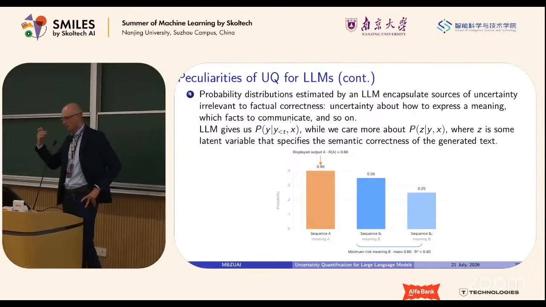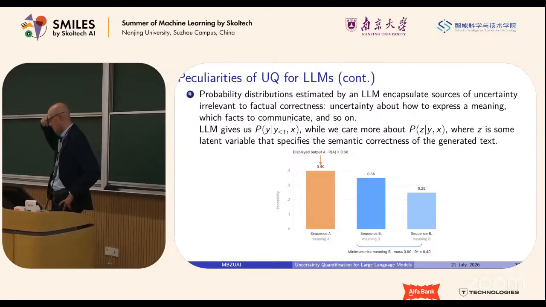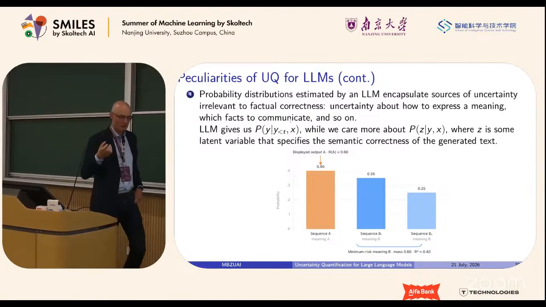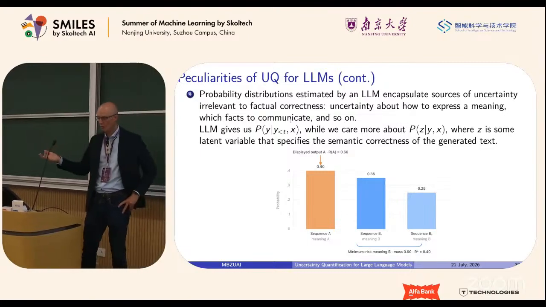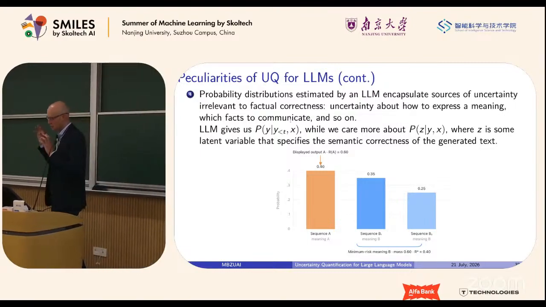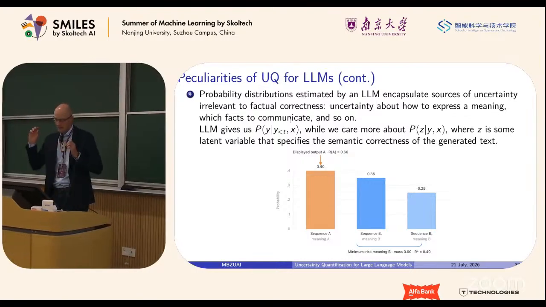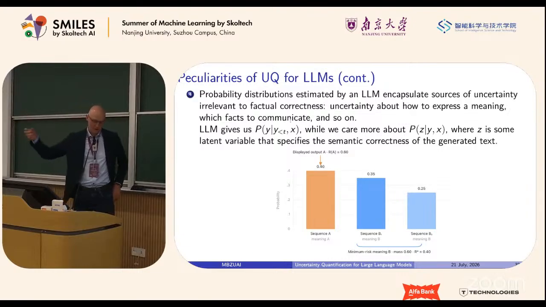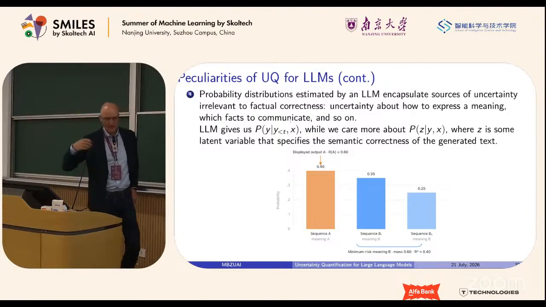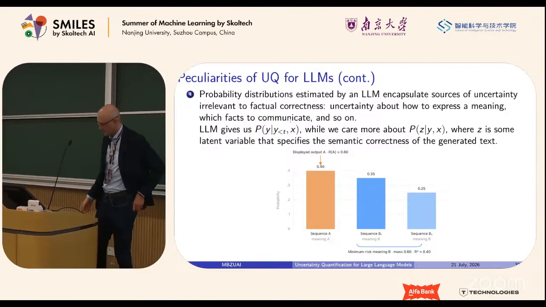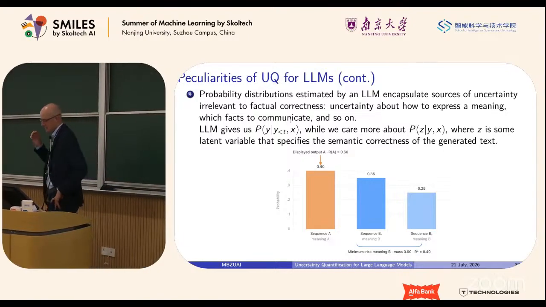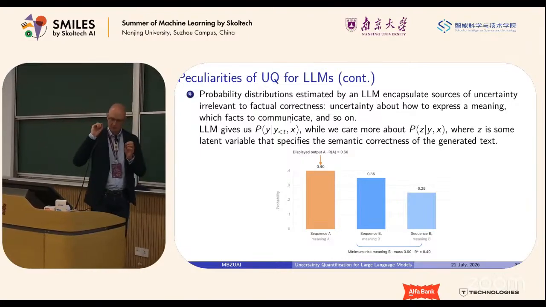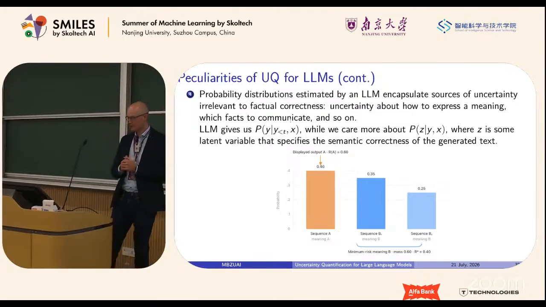Let's say we can generate, for example, for the question, what is the capital of France? We can generate Paris is the capital, or it's Paris, or the capital of France is Paris. So we can generate the answer in multiple different ways. And despite maybe the answer, the capital of France is Berlin, having the highest probability according to our sampling algorithm, in fact the probability mass for the semantic meaning that Paris is the capital will be much larger.